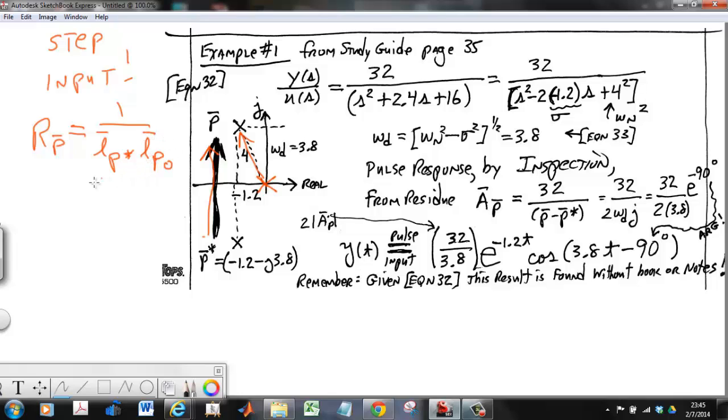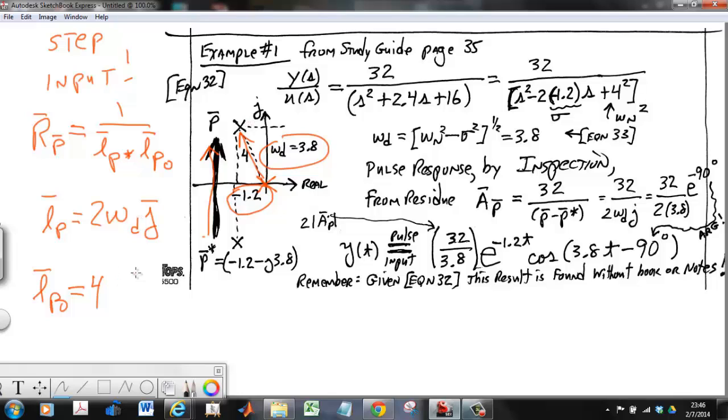And the LP, of course, is going to be equal to what? 2 omega d j, right? And the LP0 from the origin is going to be equal to 4 at an angle of what? Well, the angle looks like it's the arctangent of 3.8 over 1.2, right? 3.8 over 1.2 put into the correct quadrant.